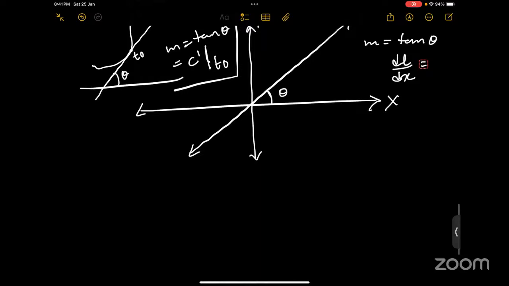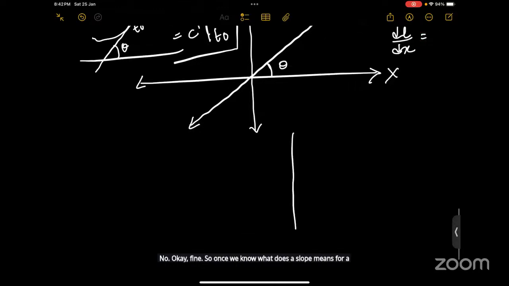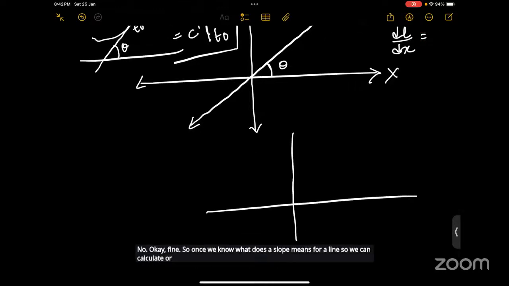Okay, fine. Once we know what a slope means for a line, we can compute the angle between two lines using the slope.